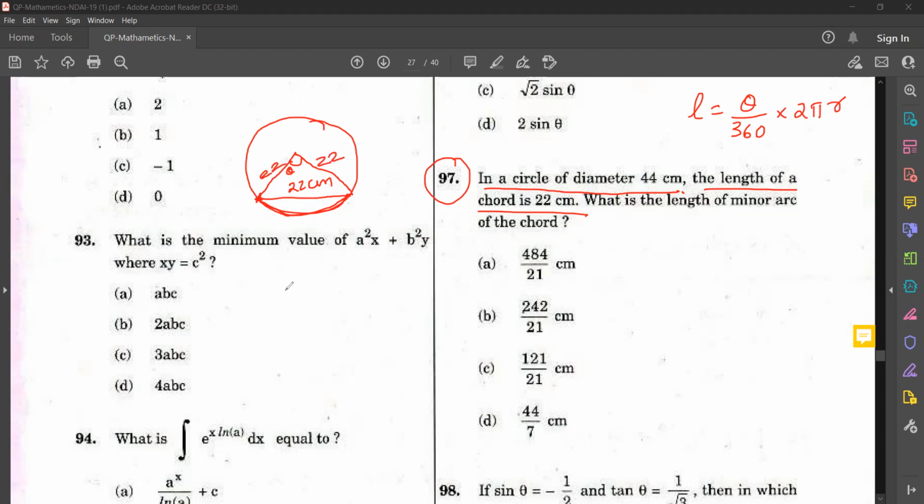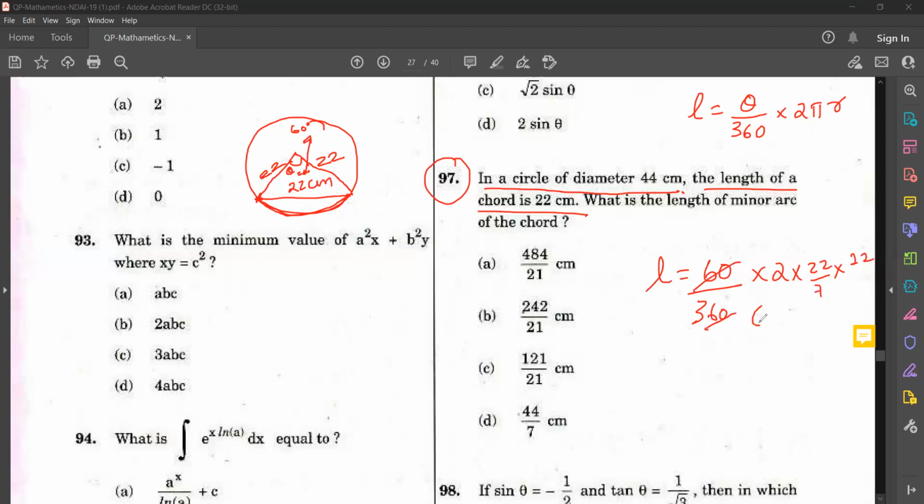So this becomes what triangle? This becomes an equilateral triangle. All sides are equal. For an equilateral triangle, all angles will be 60 degrees. So theta we have as 60 degrees. So substitute here. L is equal to 60 by 360 into 2 into pi is 22 by 7 into r is 22.